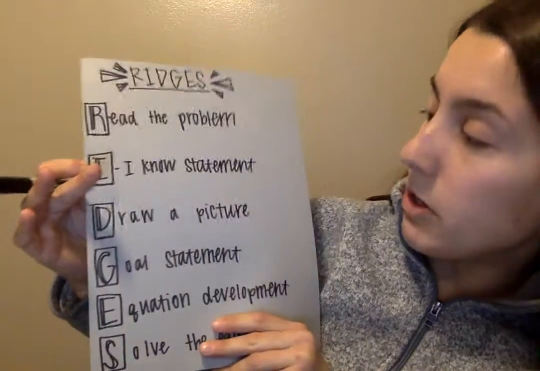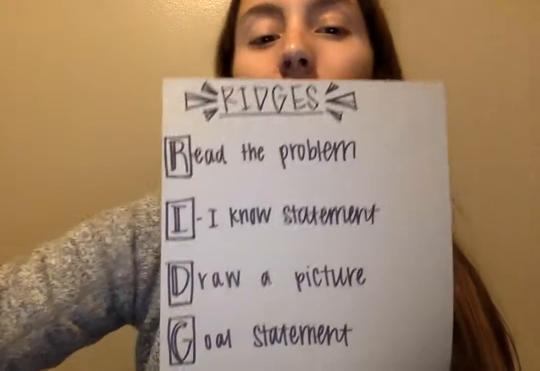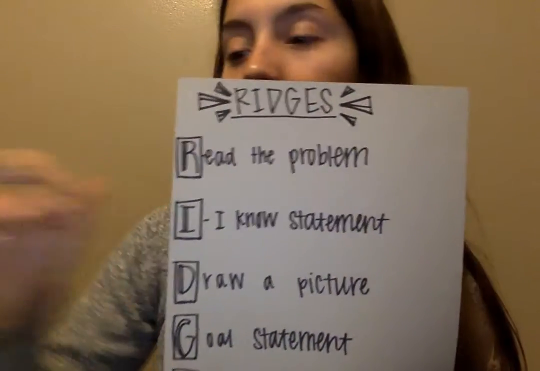But before that, I'm going to look at the next step in RIDGES, which is the I know statement. I've already read the problem, so moving on is the I know statement. I know that there are 30 fish total, and each fish tank can hold 5 fish. Those are the 2 things from this problem that I know.